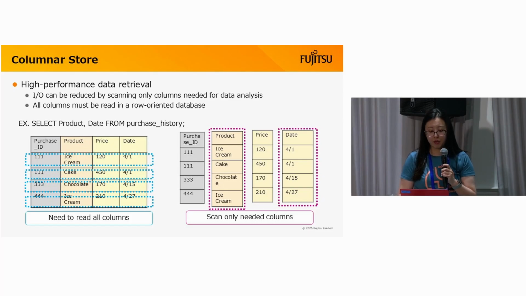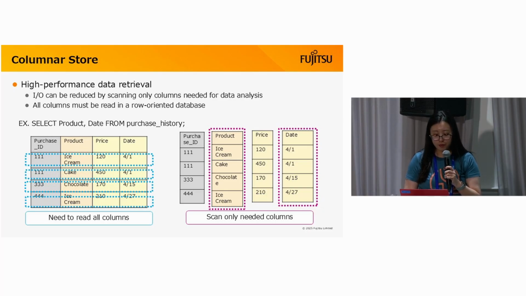In this example, the columnar store database is on the right, and the ordinary row storage database is on the left. Suppose you want to look up product name and the purchase date from the purchase history table, as shown in the SQL statement in the example.